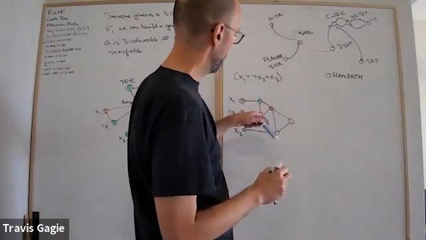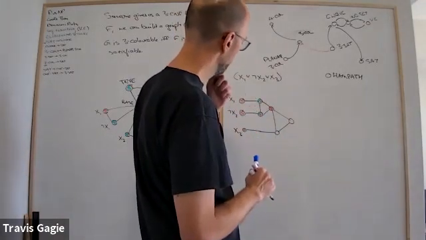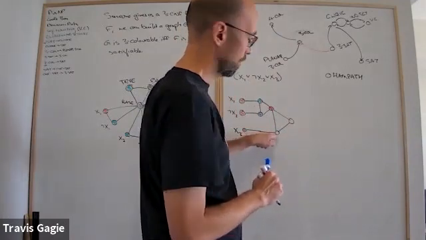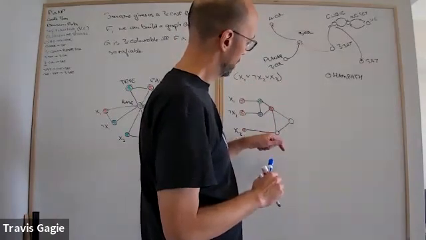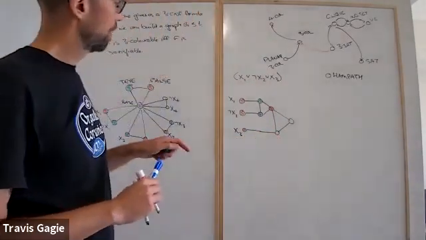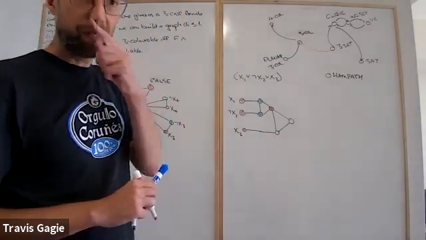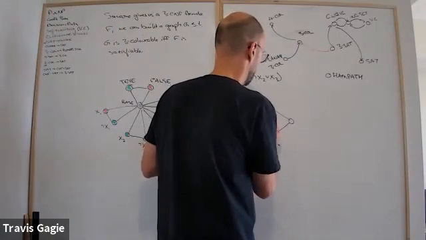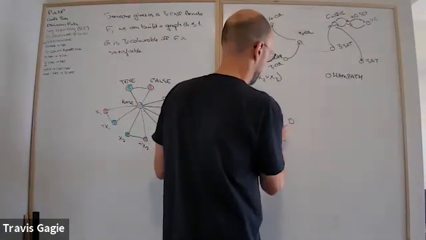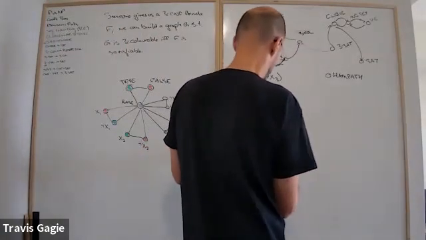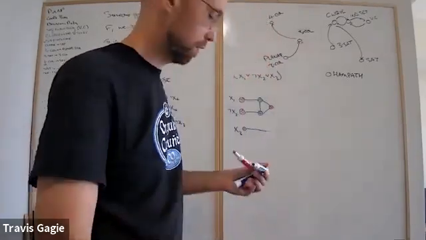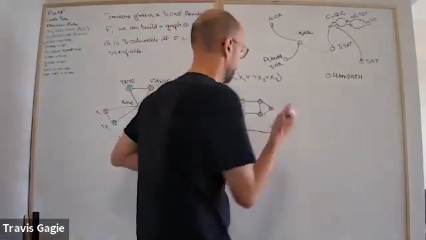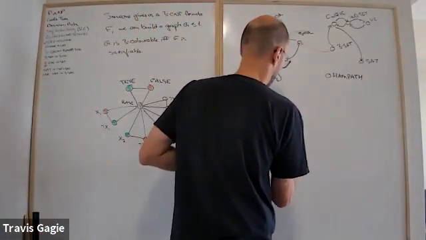So if this is false and this is false, this has to have another of these.